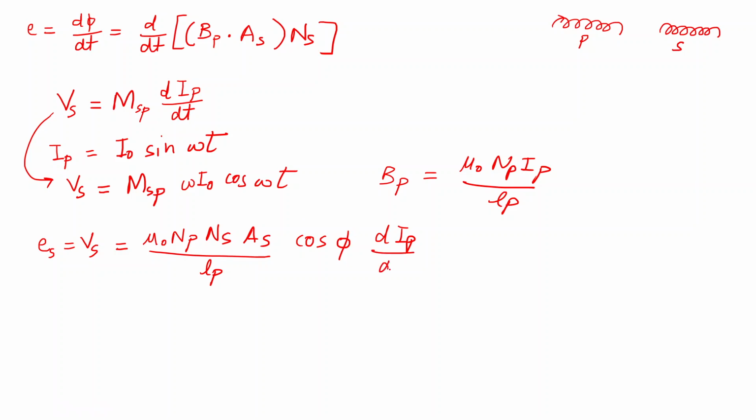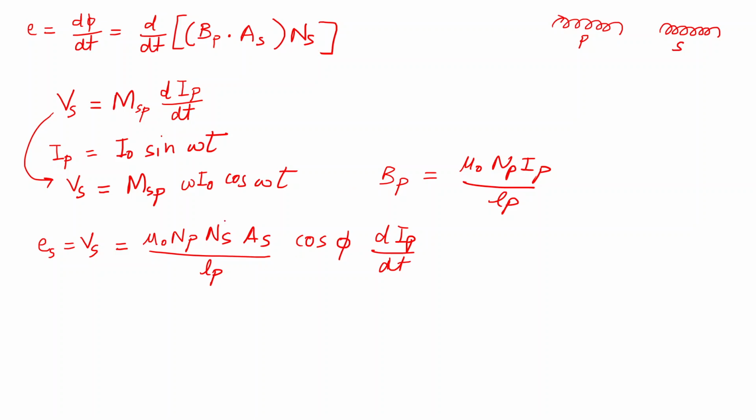This cos phi comes from the dot product of BP and AS. It is the angle between the direction of the magnetic field and the area vector.